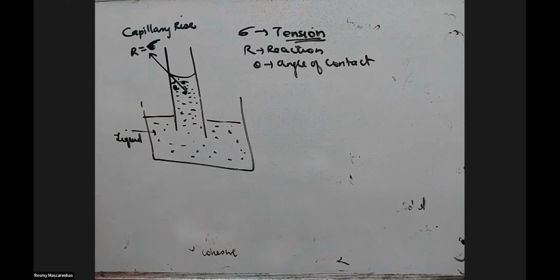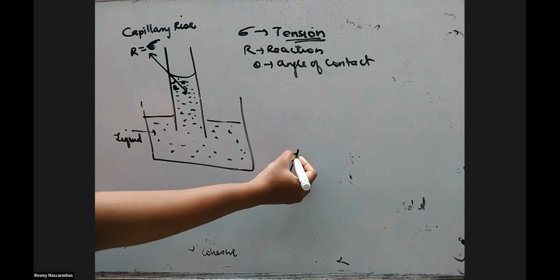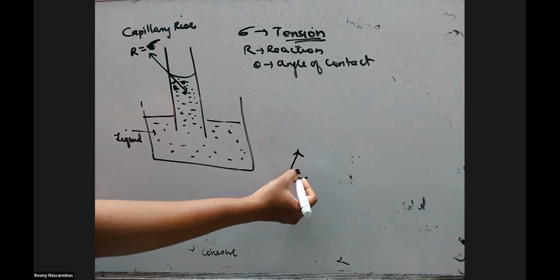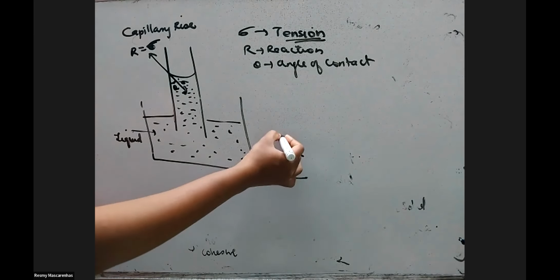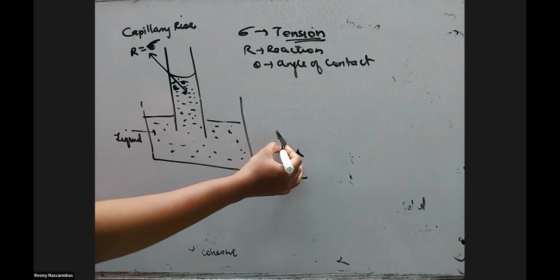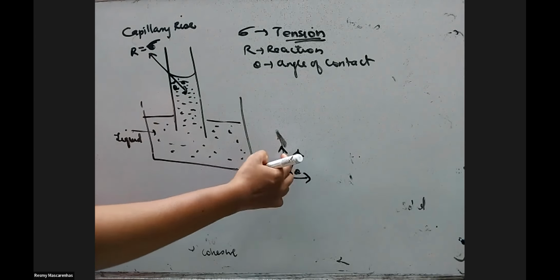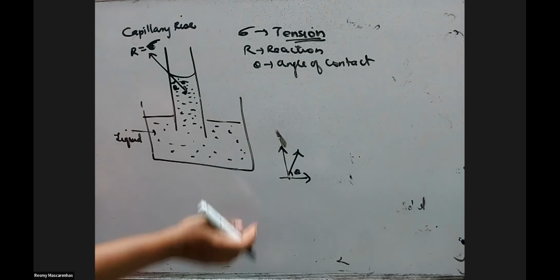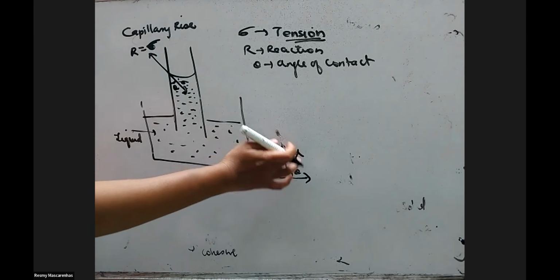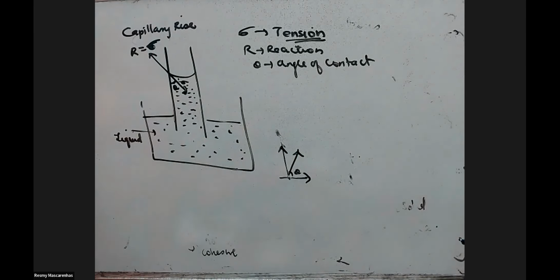Now whenever the force is not at 90 degrees, we can always resolve it into two components. We have studied that. Anytime there is an angle, we can always split this vector into two parts, the horizontal component and the vertical component. Vertical is always given by sine theta and horizontal is always given by cos theta.